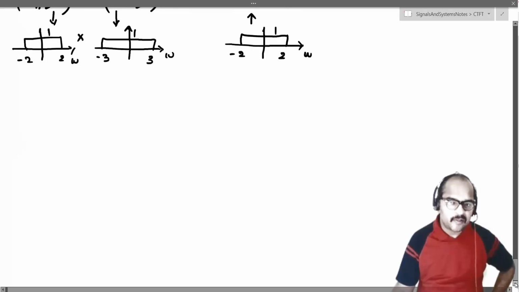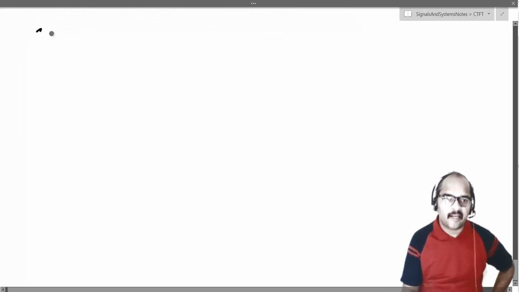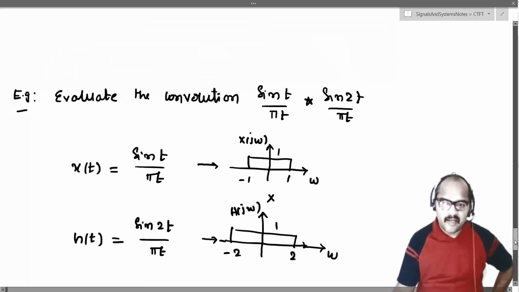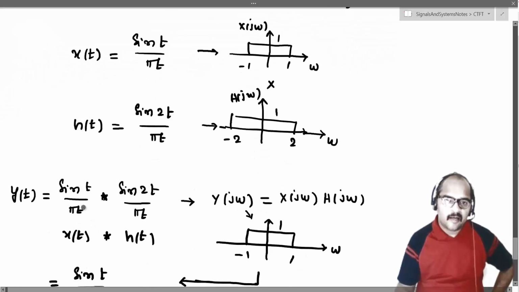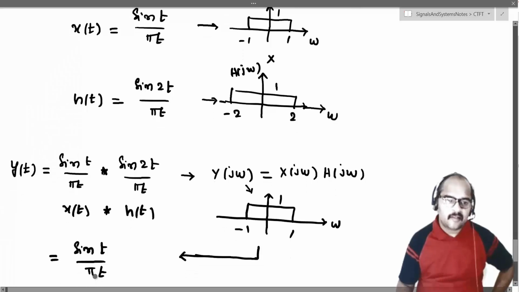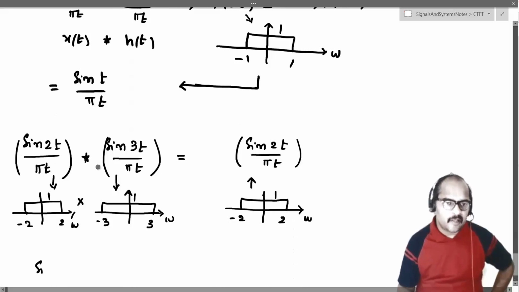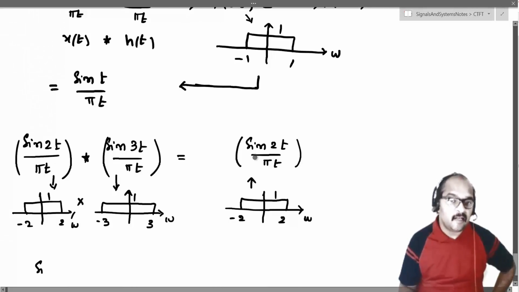With the previous two examples, something should strike. Let us see the previous example. Sine t by pi t convolved with sine 2t by pi t, we got sine t by pi t as the answer. Similarly, sine 2t by pi t convolved with sine 3t by pi t again gives sine 2t by pi t as the final convolution answer.